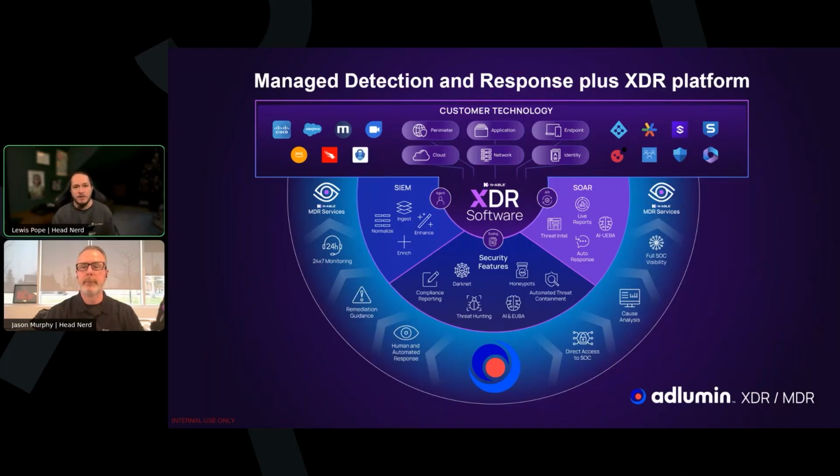Your cloud services, your Azure, Entra ID, M365, AWS, all of those we can get into the SIEM component of Adlumin. Then once it's there, it's XDR, expanded detection and response. We're applying data science rules, machine learning, AI detections. We're doing what we need to pick out of all of that data we're ingesting what the security signals are.